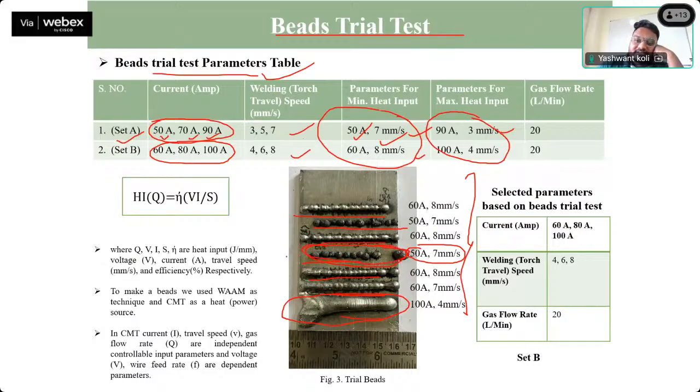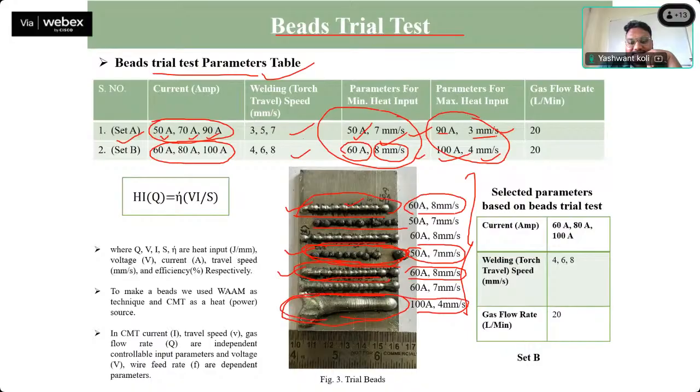So this is the minimum heat input range that we are observing, and 60 and 8 is also minimum. 60 and 8, you can see here, here also 60 and 8. So this is partial. This we can even consider for a single bead weld, but there's the minimum thing. So maximum is 90 ampere at 3 mm per second. Here nothing is there. 104 he has implanted. This is the maximum.